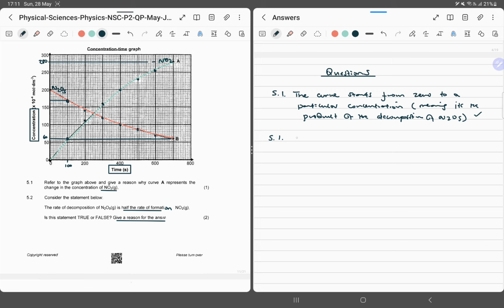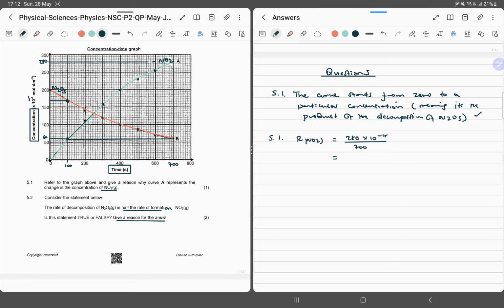The rate for NO2, remember, it's going to be the change in concentration, which obviously came from 0 to 280. So we're going to have 280 times 10 to the minus 4 because there is that little multiple there, all over the time that it took for that reaction to get to that last plot. So this is 700 over 700.